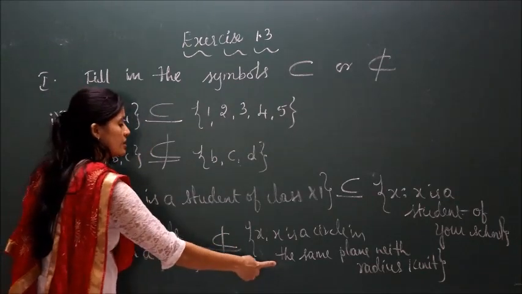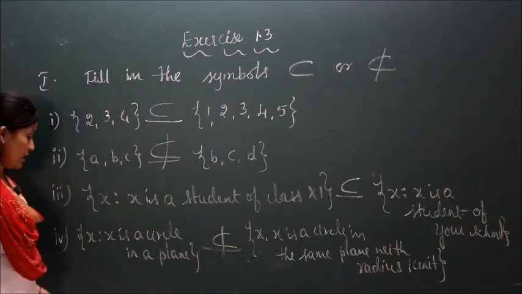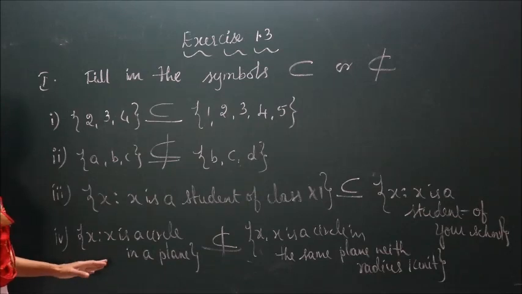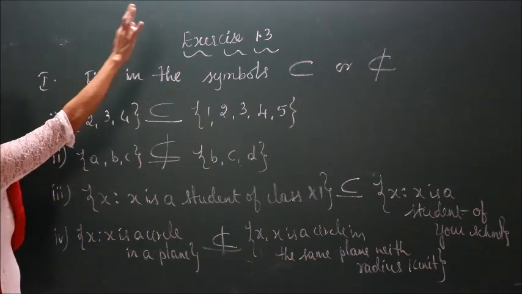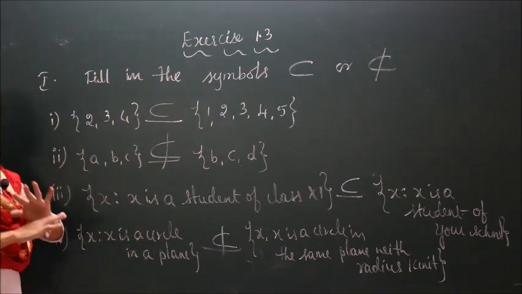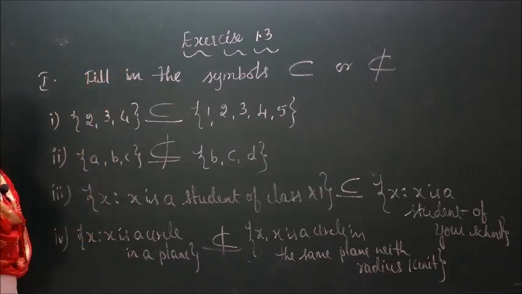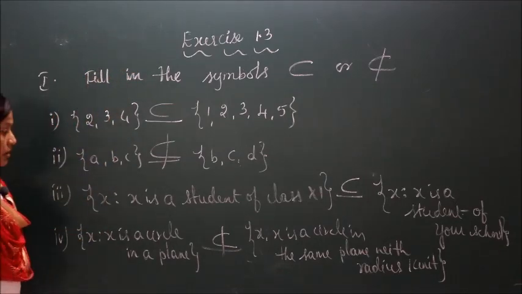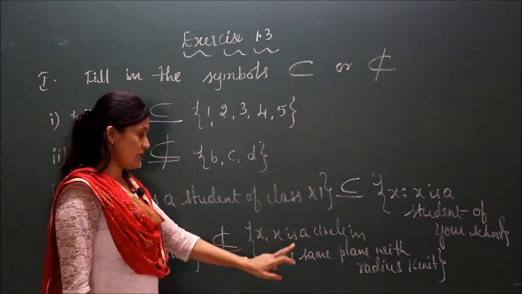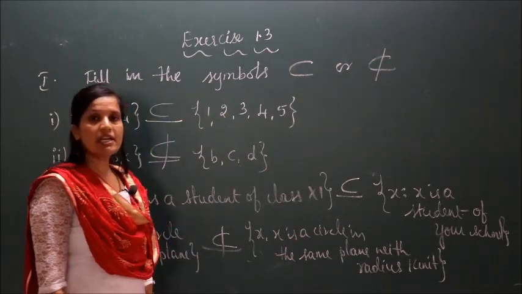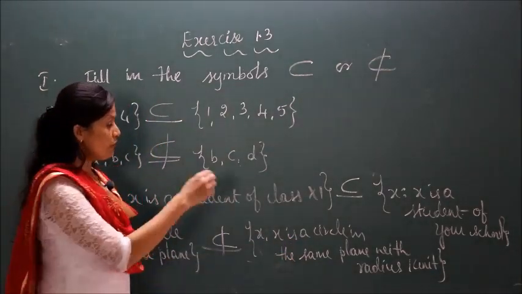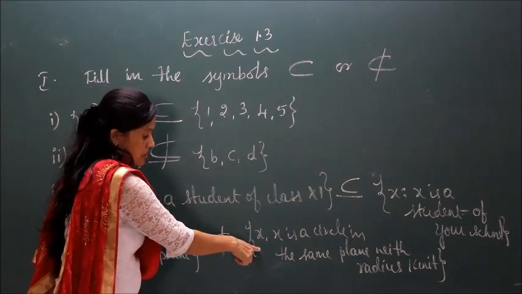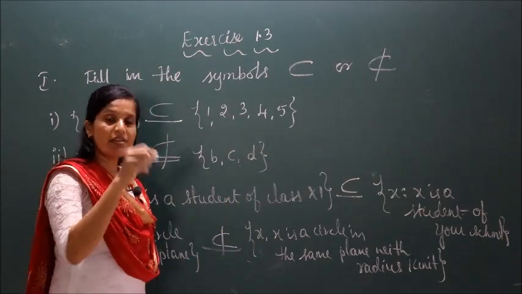This is not the subset of this set. Here it is, X is a circle in a plane. Different circles, you imagine on this board you will have different varieties of circles with different radii. This is Y, a circle in the same plane with radius 1 unit. So this is a set where you get circles only with radius 1.